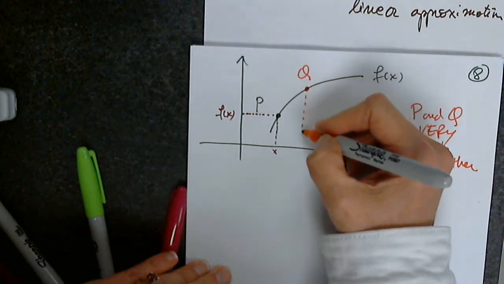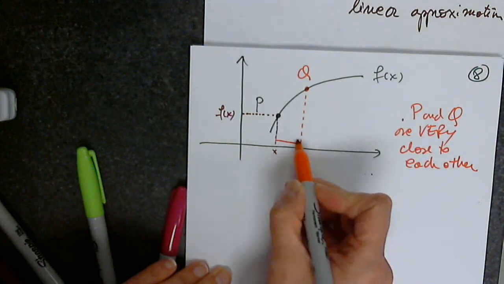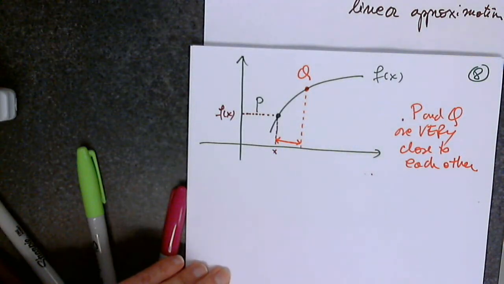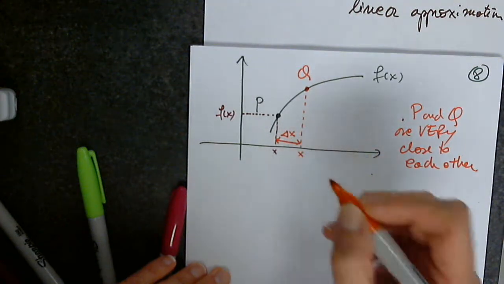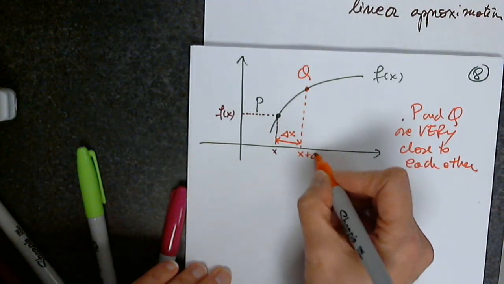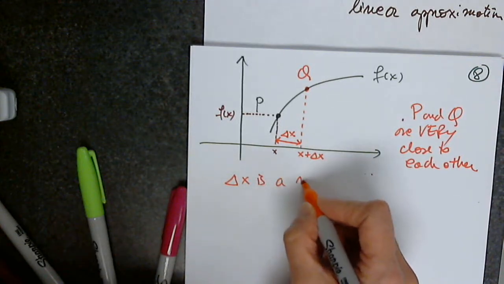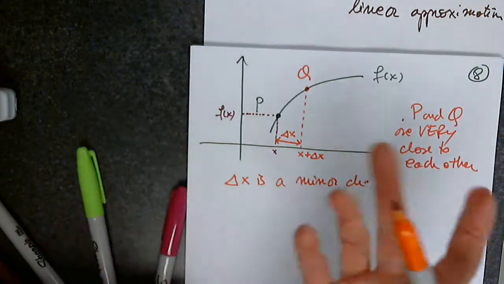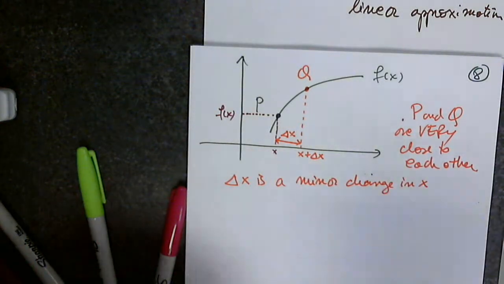So now, what is this? You could say h, or I could say delta x. Delta x is a minor change. It could be on the left hand side, it could be positive or negative. Minor change in x.